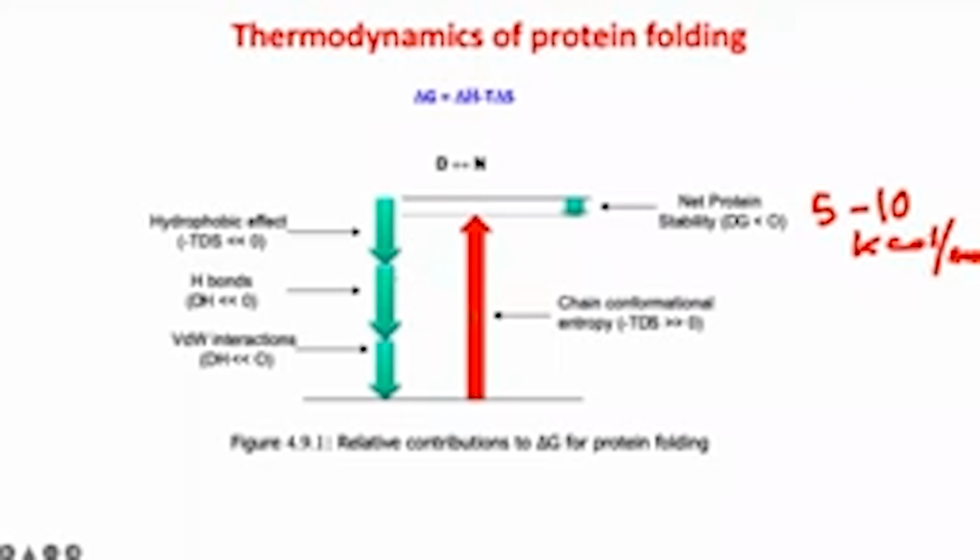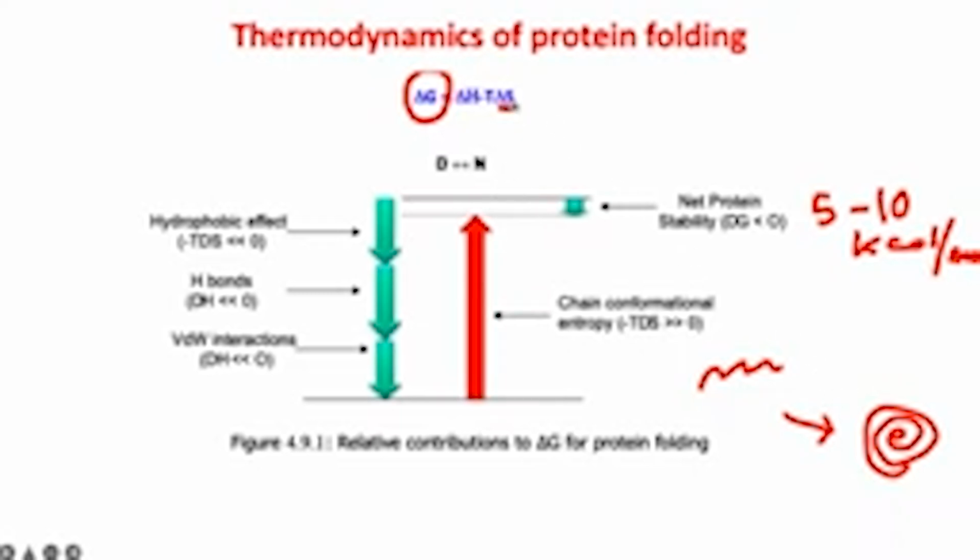Fine. An unfolded state with a large entropy folds into a folded state with a very low entropy. There's an increase in order over here, which opposes the spontaneous free energy of folding, simply because of the entropic term.